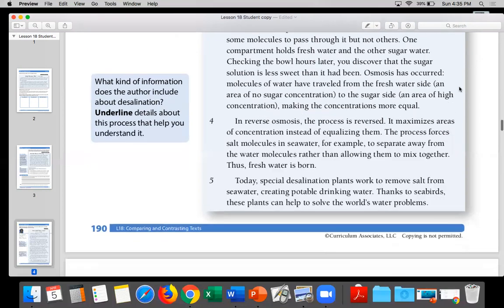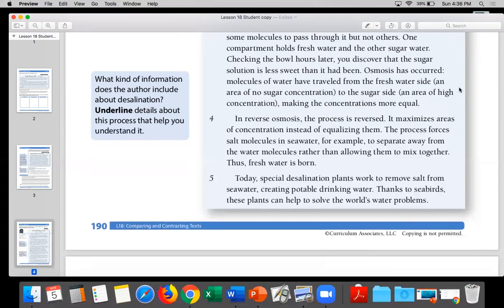In reverse osmosis, the process is reversed. It maximizes areas of concentration instead of equalizing them. The process forces salt molecules in seawater, for example, to separate away from the other water molecules rather than allowing them to mix together. Thus, fresh water is born.